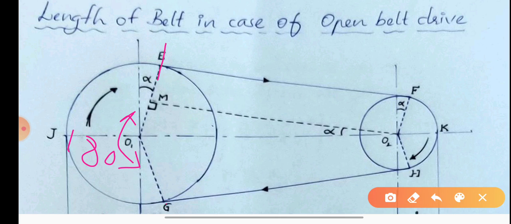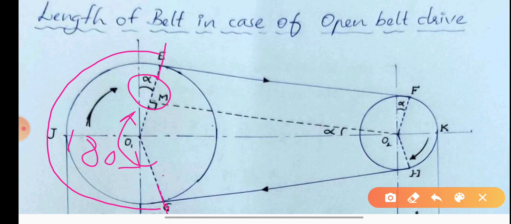From this point to this point, this entire surface of the pulley is wrapped by the belt, so we need to consider this angle. That is why it is 180 plus alpha, and similarly here also it is alpha, so it is 2 alpha. So 180 plus 2 alpha, that is pi plus 2 alpha.